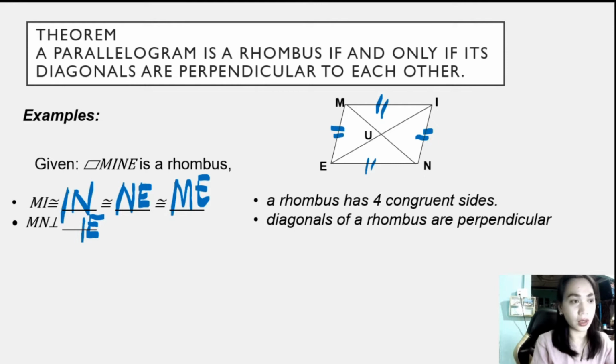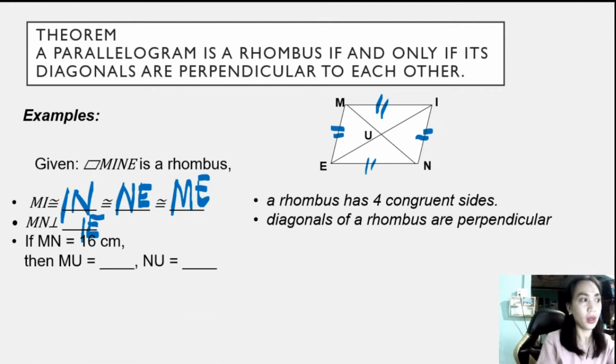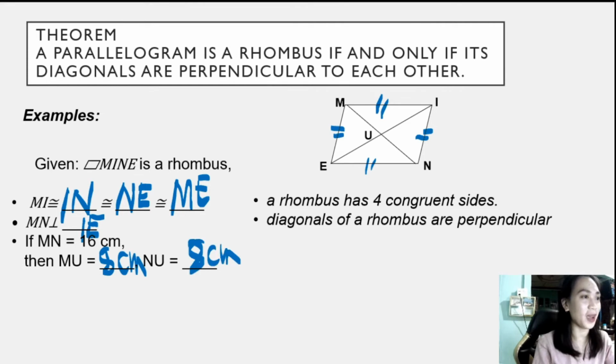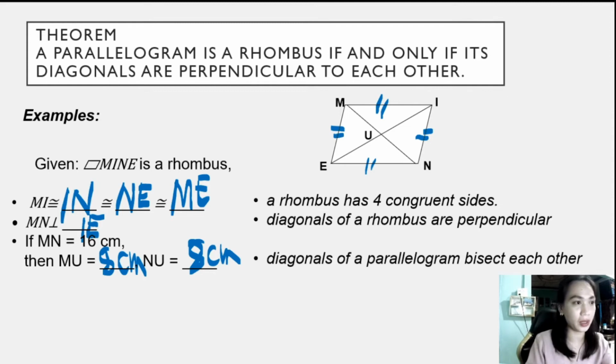The reason, because the diagonals of a rhombus are perpendicular to each other. If MN is 16 centimeters, then what is the measure of MU and UN? So their measure is 8 cm and 8 cm. Okay, so same sila as 8 cm because the diagonals of a parallelogram bisect each other.